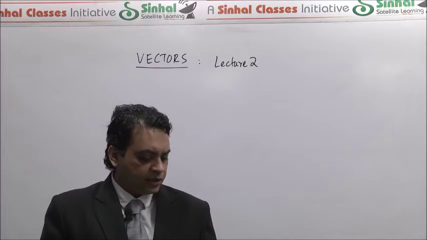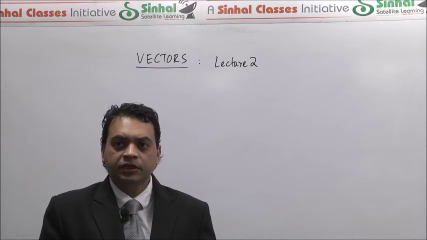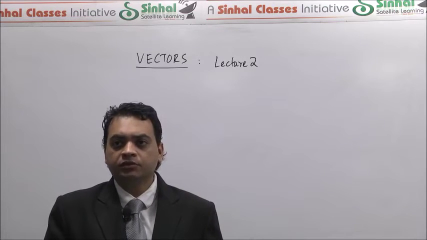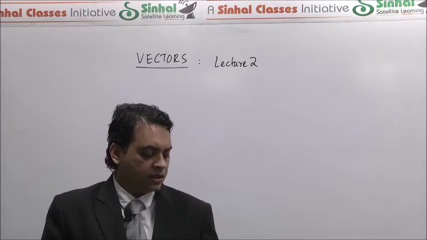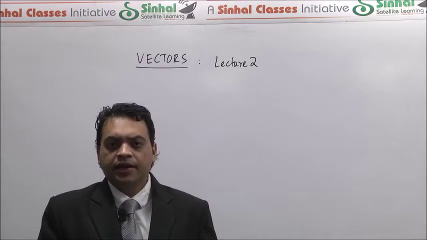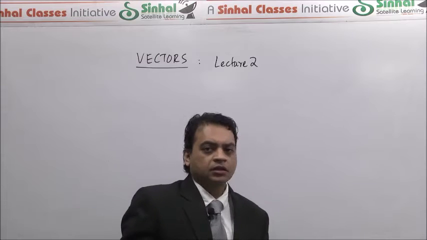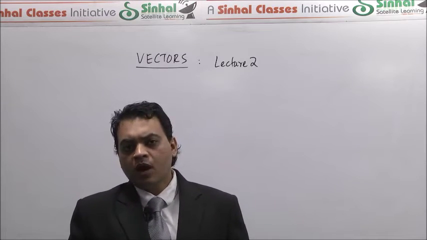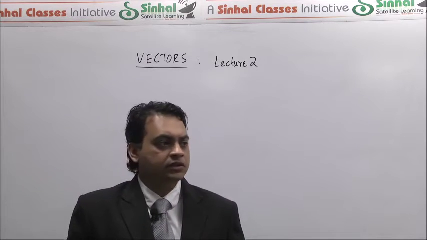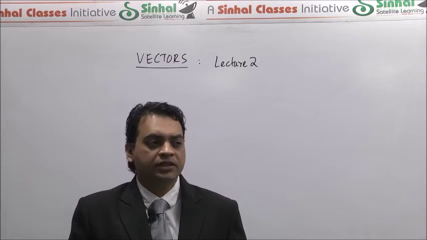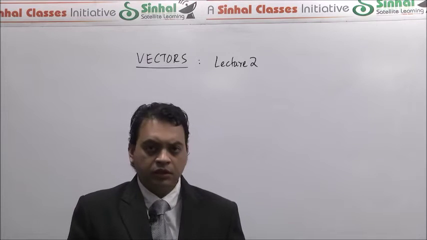And following that, we understood how to compare different vectors, for example, equal vectors, opposite vectors, parallel vectors, anti-parallel vectors, etc. And we developed a geometrical method to add vectors, subtract vectors, etc. The parallelogram law of vector addition, subtraction, right?